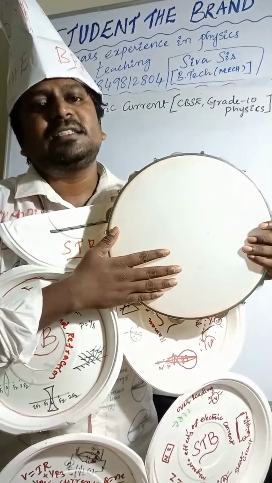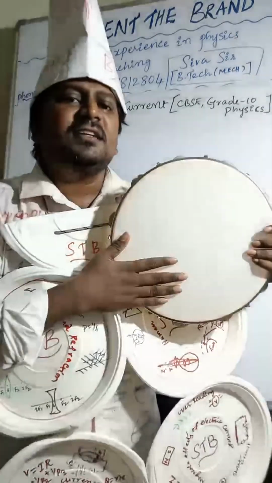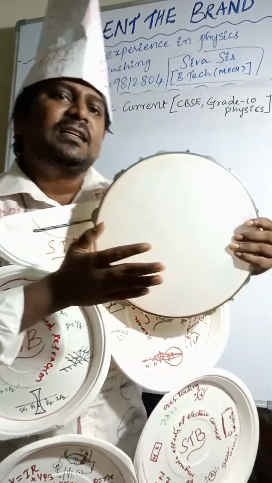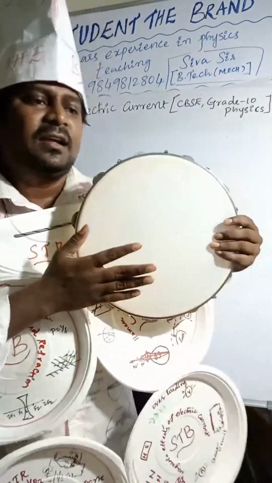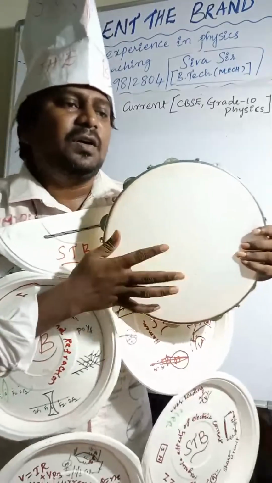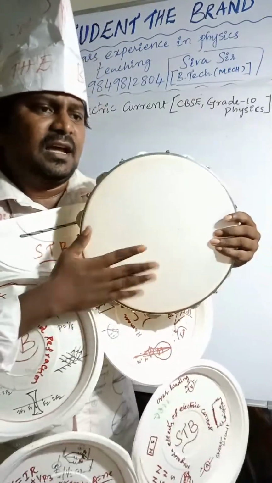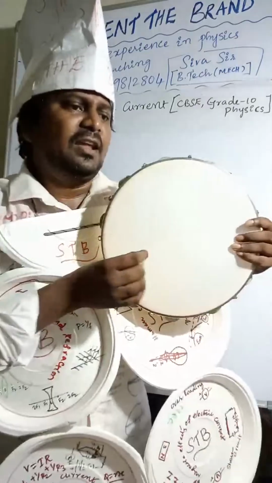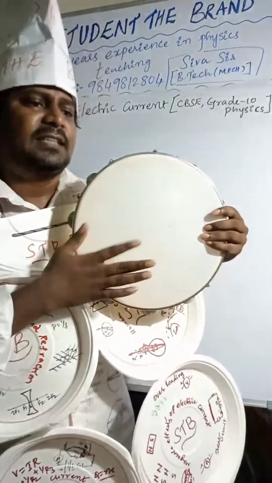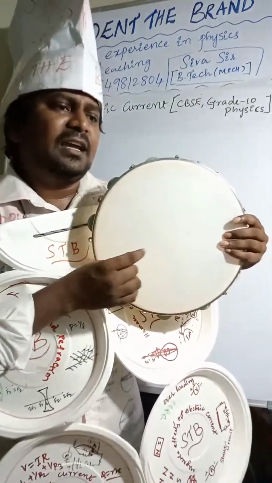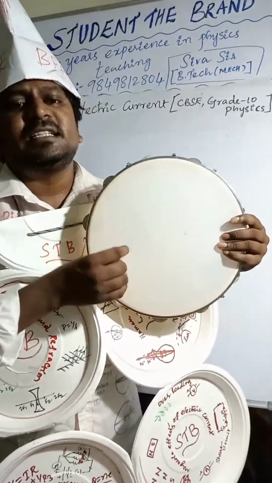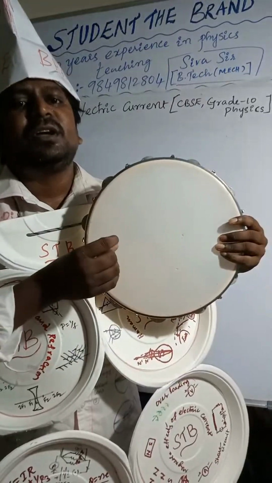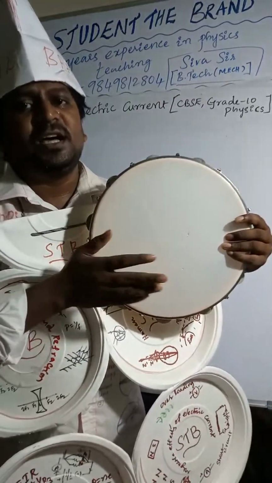New Cartesian sign convention, new Cartesian sign convention. All distance measured from the pole. Distance positive along the eccentric. Distance negative opposite to eccentric. Distance positive above the principal axis.